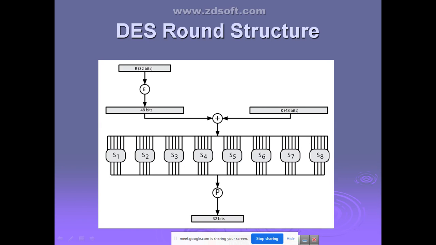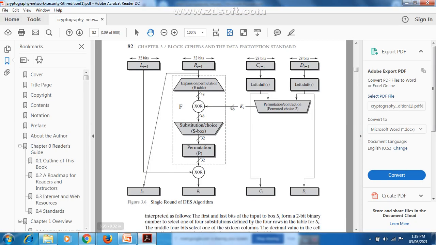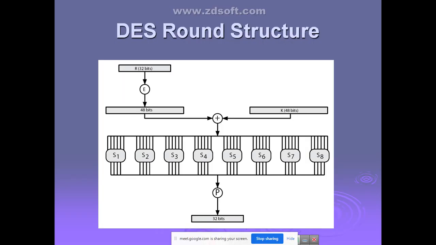That is the structure I have shown in a simple manner. It is shown here too, the same thing. See here, 32 bit data passed through the expansion table has become 48. That will be XORed with the 48 bit key. Then it is passed through the S box, producing 32 bit data. The same thing is there in this diagram. Can you see this one, guys?